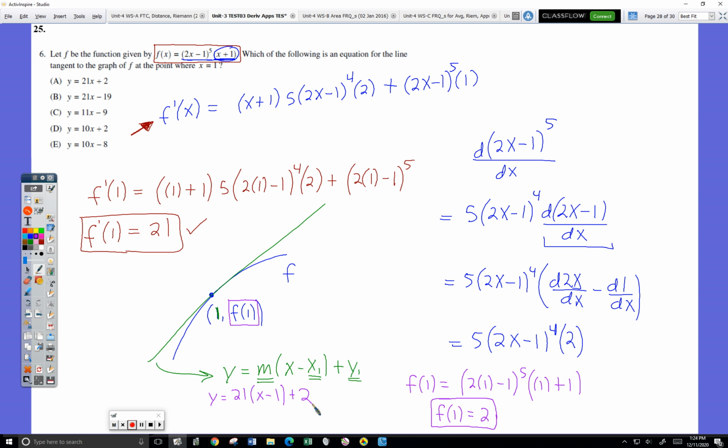You have to distribute it. Yeah, none of these have parentheses. So I got to get rid of the parentheses. So I got to distribute. Okay, that makes sense. So what do you get, Jake, when you distribute this? 21x minus 21 plus 2, which is 21x minus 19. Good work.